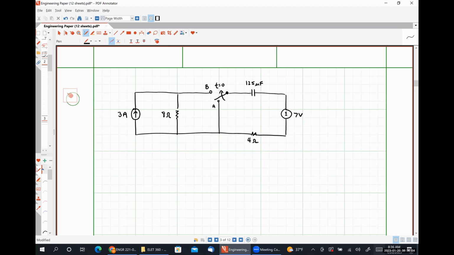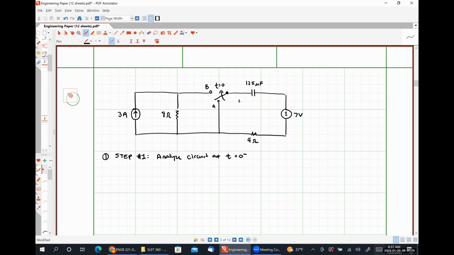Okay, so our first step will be to analyze our circuit at t is equal to 0 minus. And while we're at it, let's define what we're looking for.